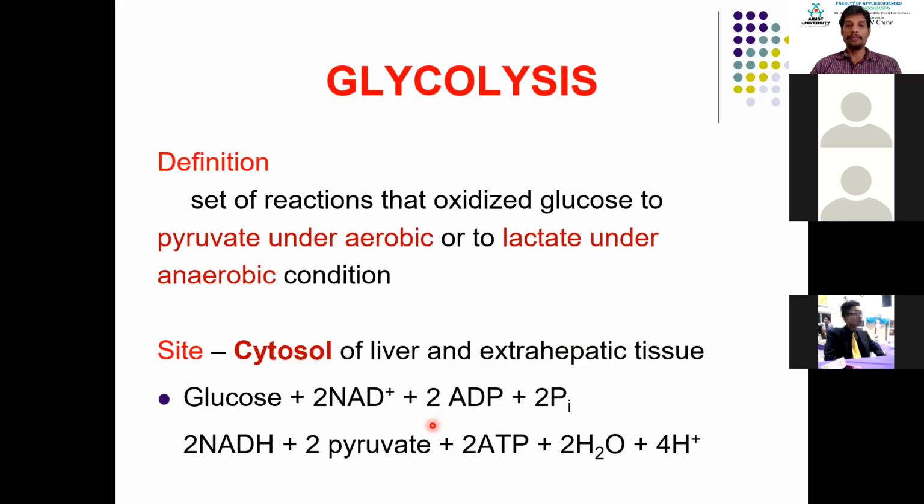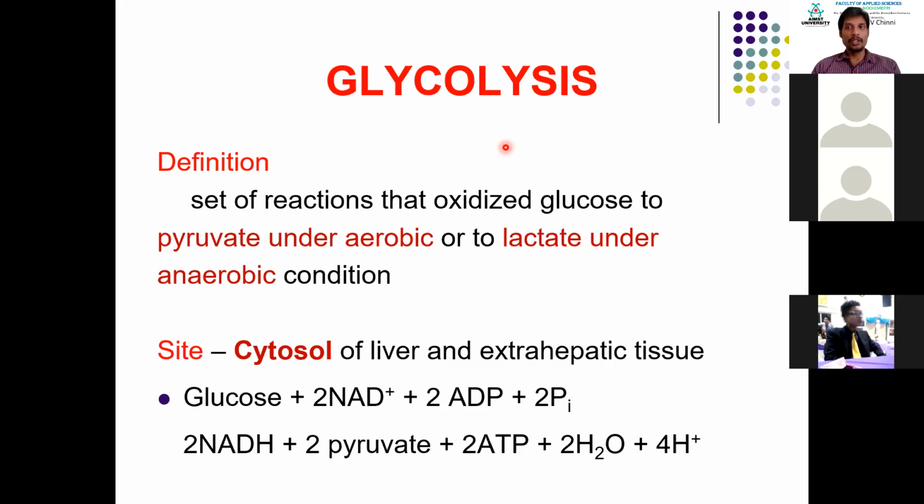So, for example, when you are running very fast and continuously, what happens is the muscle cells all undergo glycolysis, and it will produce ATP and produce NADH.